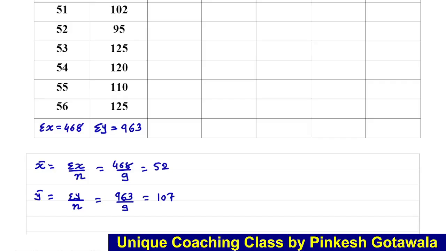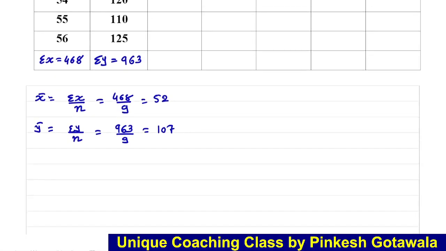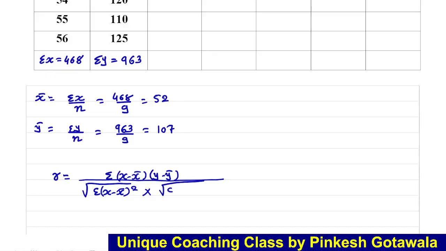So here we should apply the first formula. R is equal to sigma of x minus x bar into y minus y bar, divided by the root of sigma x minus x bar whole square into sigma y minus y bar whole square. Okay, let's put values here.